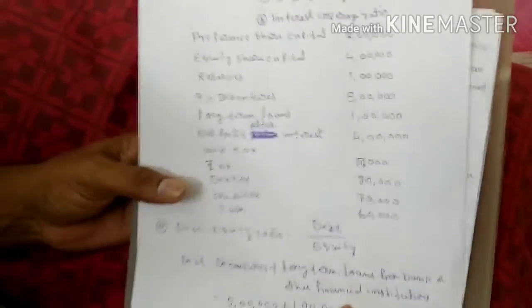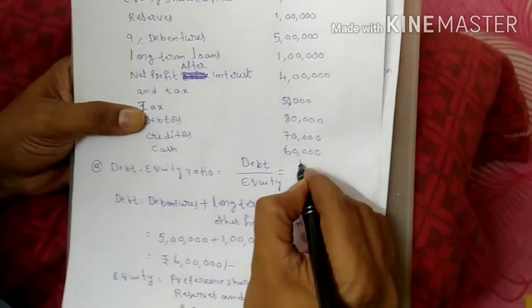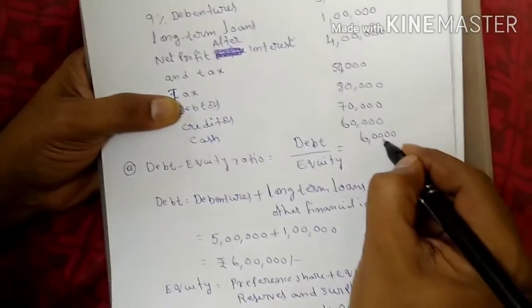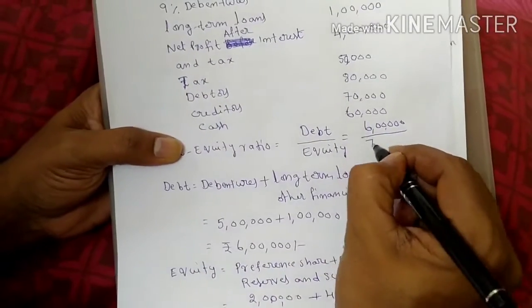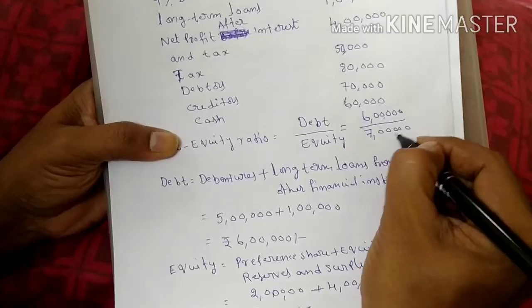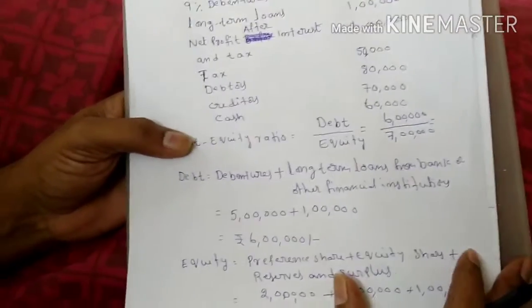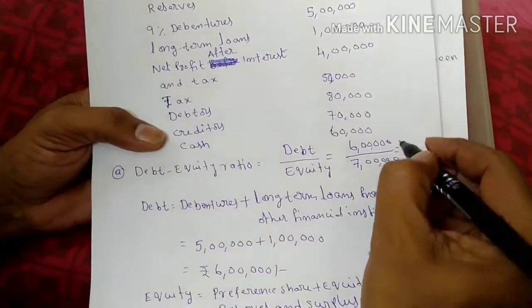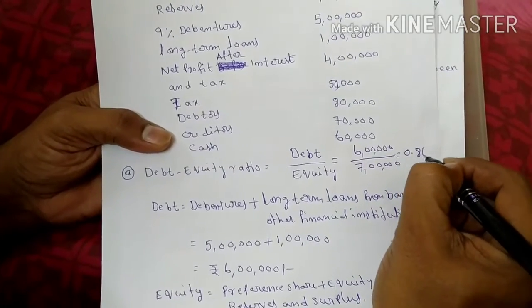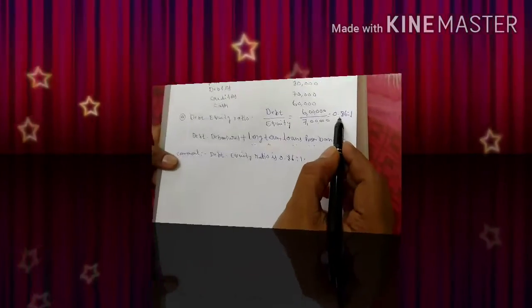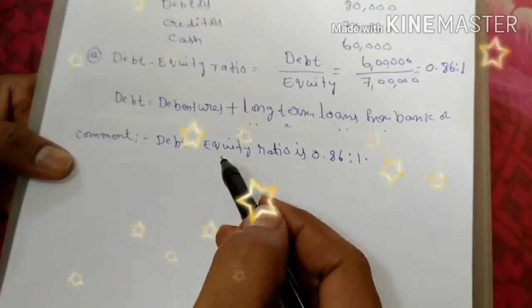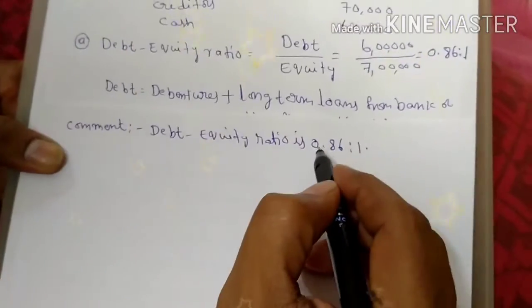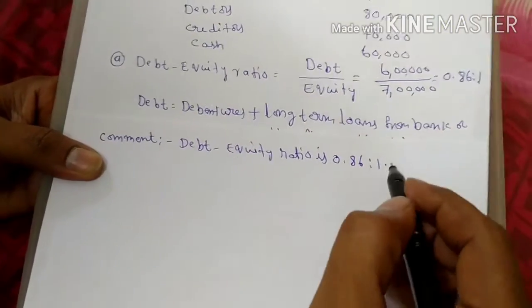So here debt by equity. Debt is how much? 6 lakh rupees by equity, how much? 7 lakh rupees. That is equal to 0.86 is to 1. Now we need to comment on the financial status. The debt equity ratio is 0.86 is to 1.